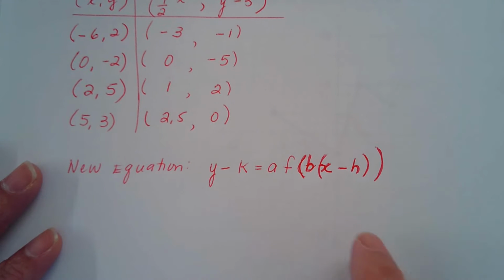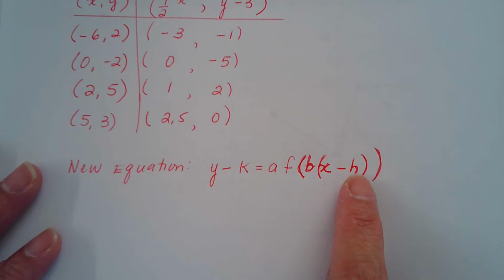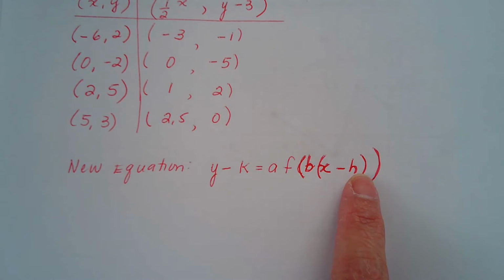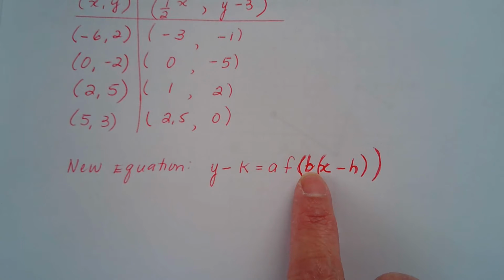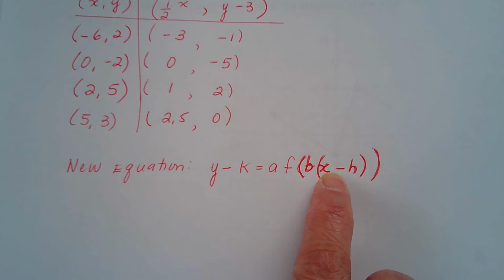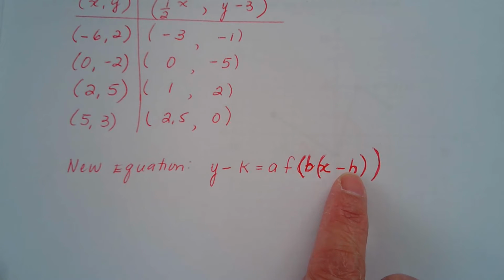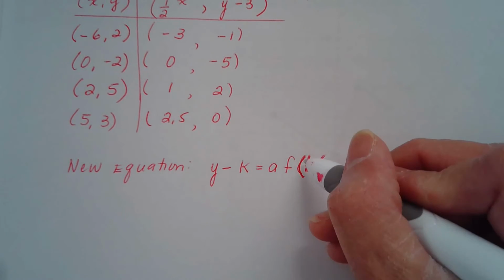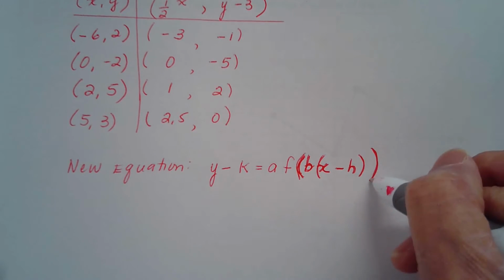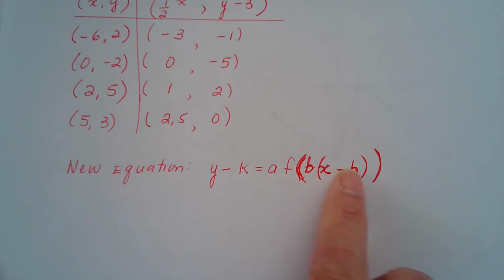You probably notice that I have double brackets in here. You're probably thinking, why is that? Because in this particular case, the b is factored out so that we are left with just the x there and then the minus h. So it's factoring out the factor of the b. And then this part here is for the f of everything in here.